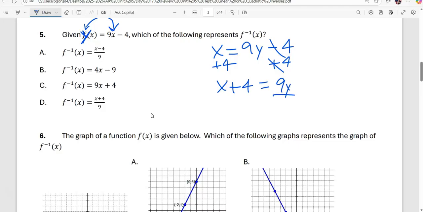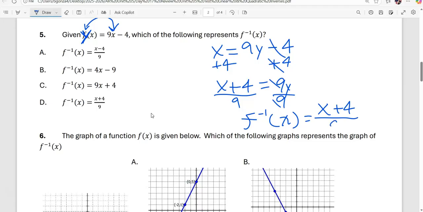Opposite of 9 in front as a coefficient is dividing the whole thing by 9. The inverse of x is x plus 4 over 9. x plus 4 divided by 9. It's got to be letter D.